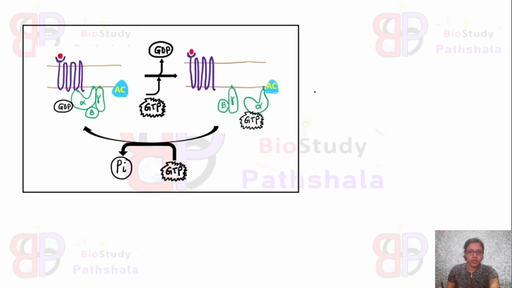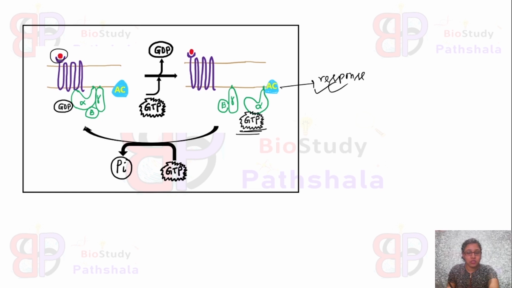Alright, this is the summary of the adenylate cyclase pathway. The binding of the ligand to the receptor results in the formation of the active alpha subunit with GTP bound state. Now this GTP bound alpha subunit activates the adenylate cyclase and shows the response further, and after the response the alpha subunit shows its GTPase activity, which hydrolyzes the GTP into GDP and inorganic phosphate.